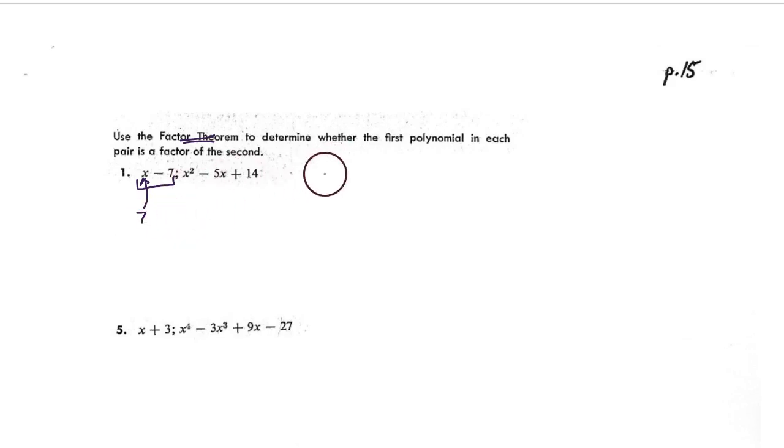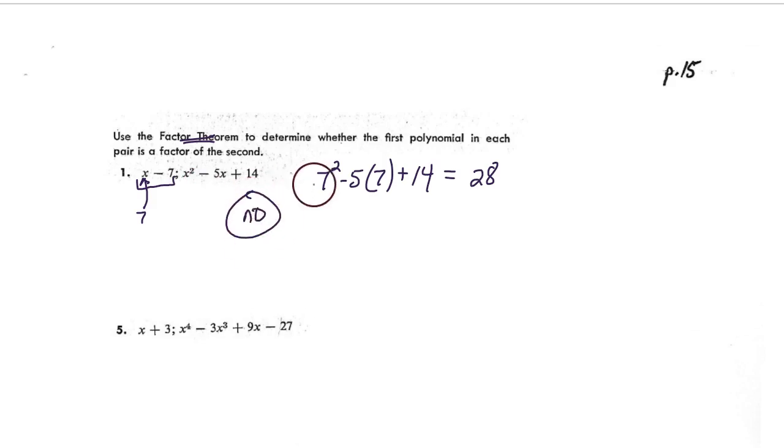Take that 7 and substitute it into the equation that you're given and see what the answer is. This is 49 take away 35, which is 14, and 14 plus 14 is 28. If this made 0, then that's a factor. If this doesn't end up to be 0, then that is not a factor. So the answer is no.